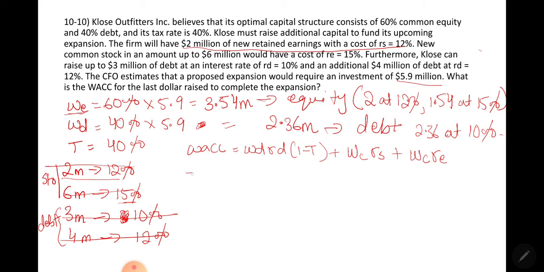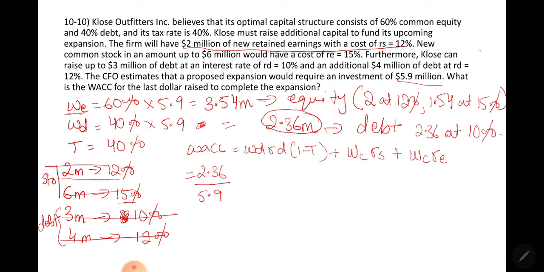So for the weight of debt, 2.36 million will be raised through debt, and the total project cost is 5.9. So 2.36 divided by 5.9. This is the weight for your debt. The total project cost is 5.9, and out of this 2.36 million will be raised through debt.